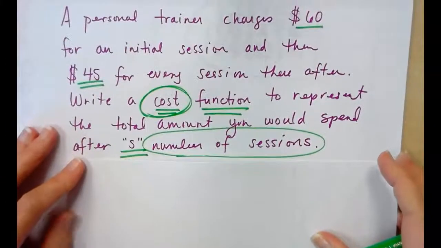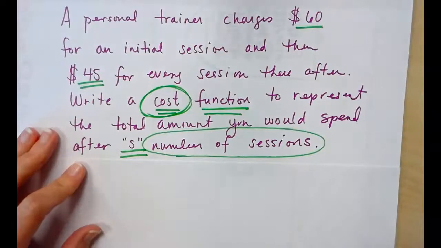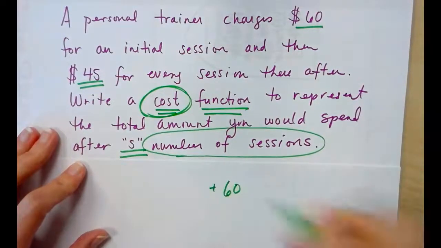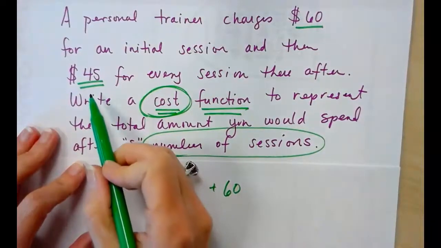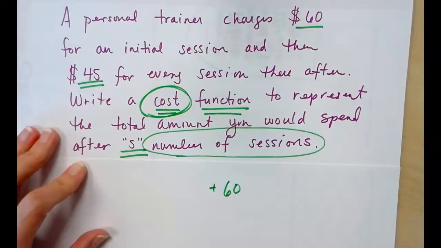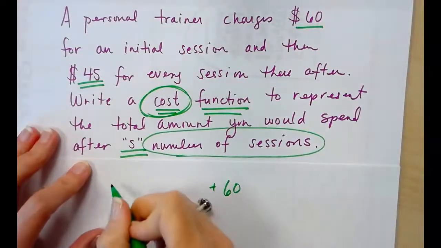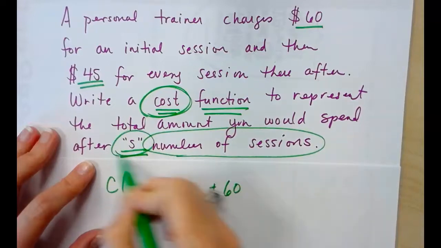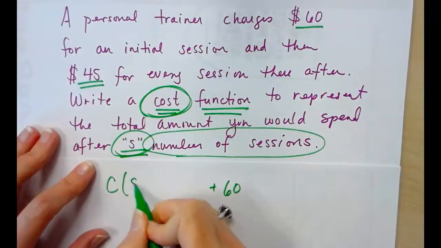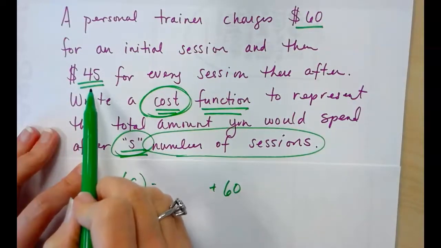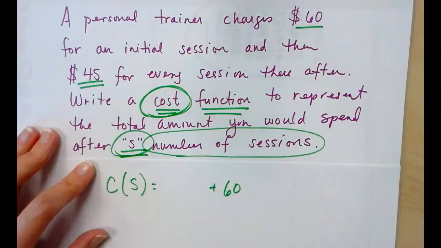So once again, a personal trainer charges $60 for an initial session. So you get to see the trainer one time for $60. But then it's $45 for every session thereafter. So that means our cost function, which is cost in terms of number of sessions, so C of S is going to be, let's see, $60 plus $45 for every session thereafter.